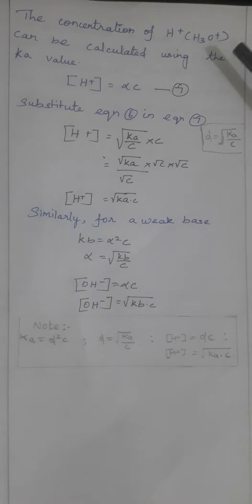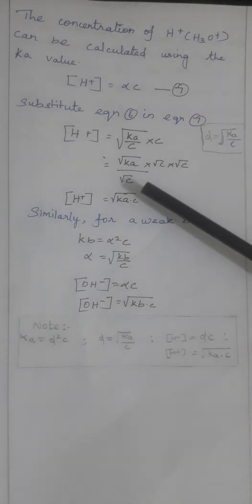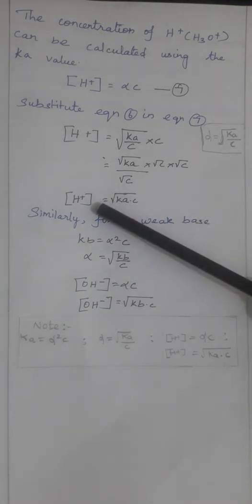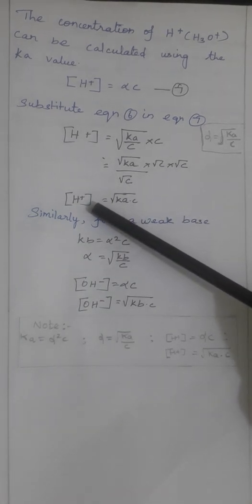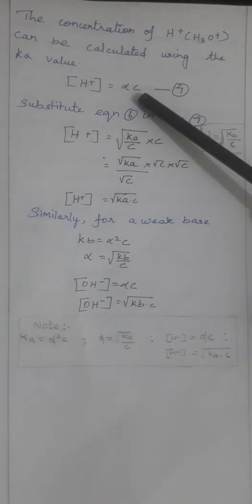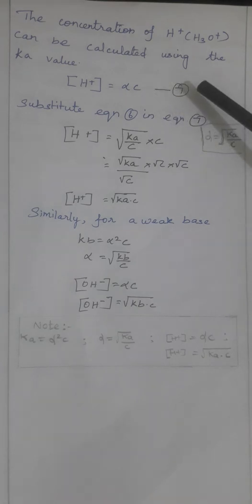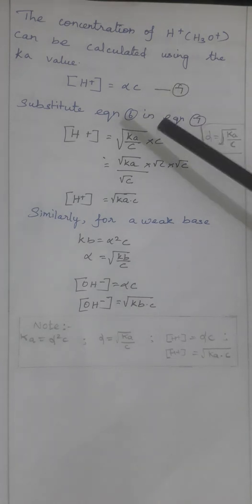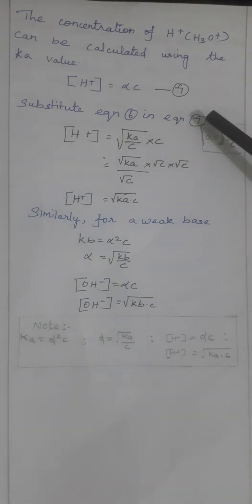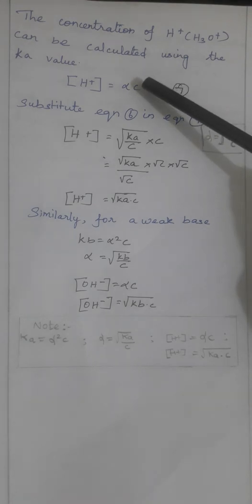The concentration of H plus or H3O plus can be calculated using the K value. From the K value, we have to calculate the H plus ion concentration. H plus concentration is equal to C alpha, as already seen in the tabular column. This is equation number 7. Substitute equation number 6, alpha equal to root of K by C, in equation number 7.